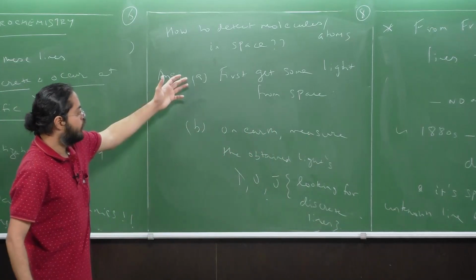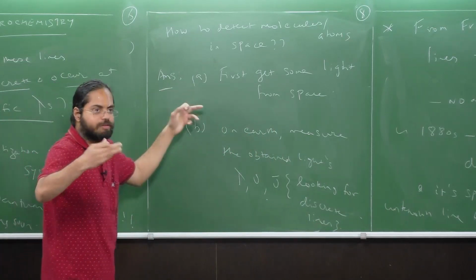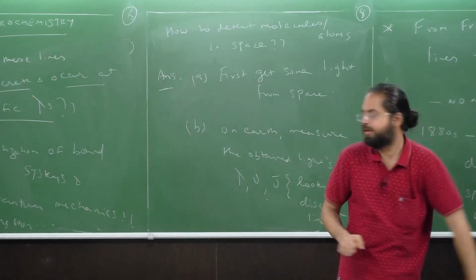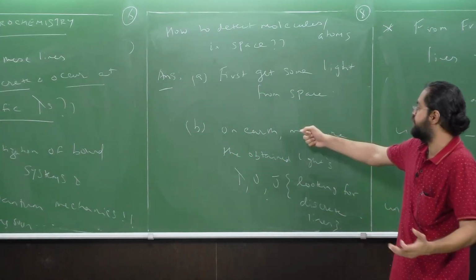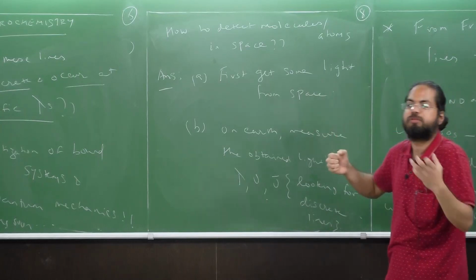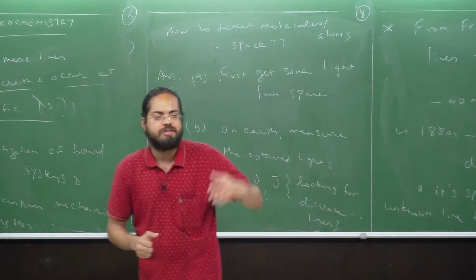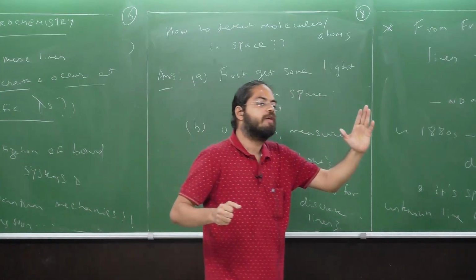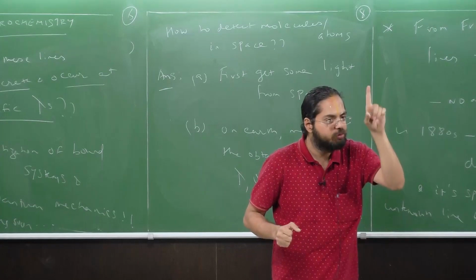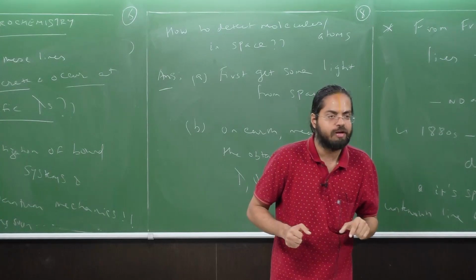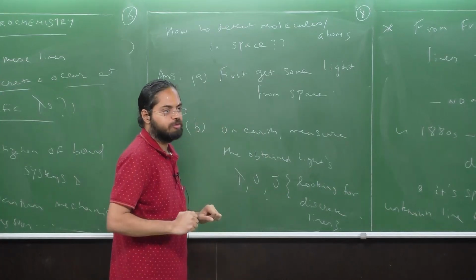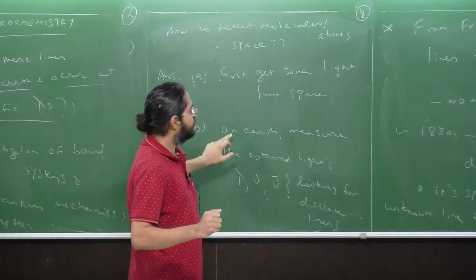So, for example, in the sun's experiment, we got the light from the sun, and then we recorded its spectrum. Once you record its spectrum, you look for various discrete lines, because in a continuous stretch, it is difficult to identify too many things. But once you get discrete lines, you understand that we may be talking about specific molecules. Correct?